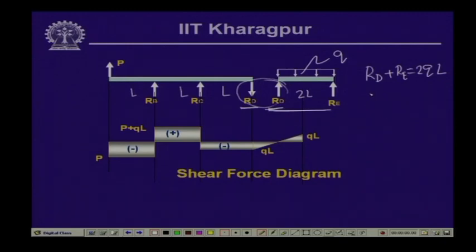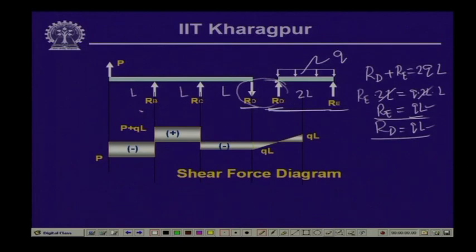Now, if we take the moment of R e with respect to this point, then R e into twice L is equal to, this is anticlockwise and this is clockwise, Q into 2L into L. So, 2L gets cancelled. So, R e is equal to Q times L, and thereby R d is equal to Q times L. So, the values of the reactive forces R e and R d are equal to Q times L.